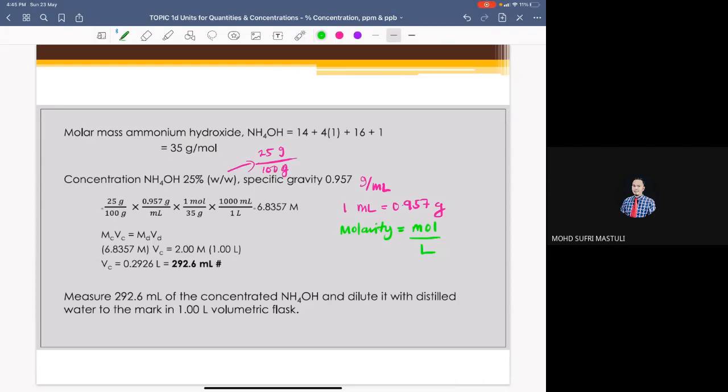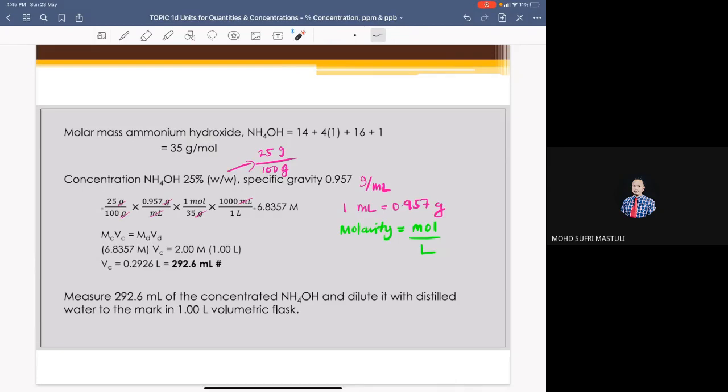So we can cancel each other all the units, gram per gram, and also mole per mole. So what we have is mole per liter, which is equivalent to molarity. When we calculate using the calculator, we get 6.8357.